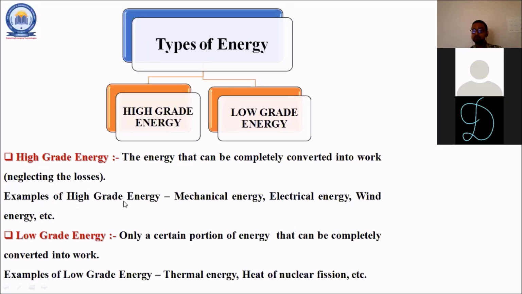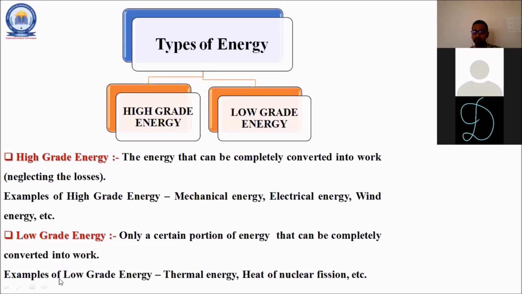Some examples of high grade energy are the mechanical energy, the electrical energy, the wind energy, etc. The opposite of high grade energy is low grade energy. Only a certain portion of the energy can be converted into work. That means in low grade energy, we totally consider the losses which take place in the conversion.